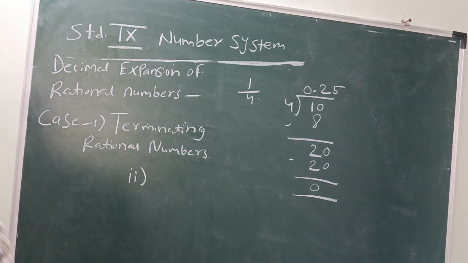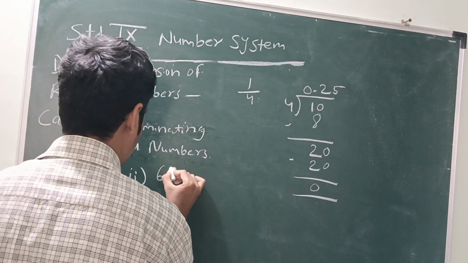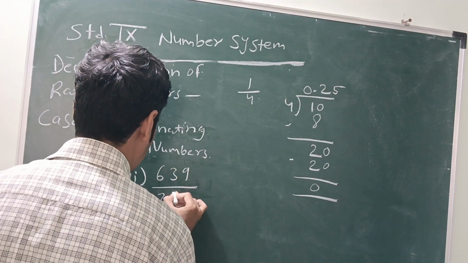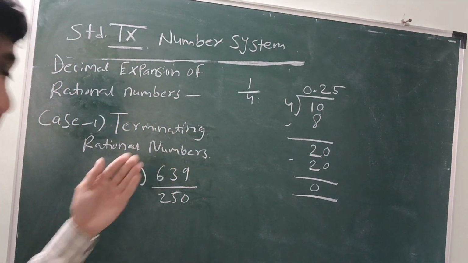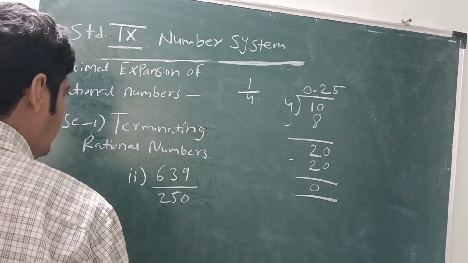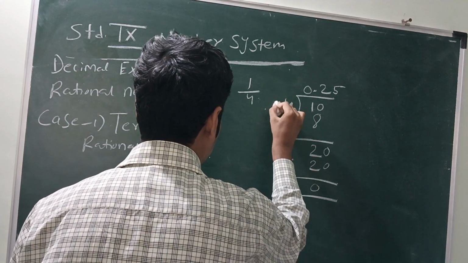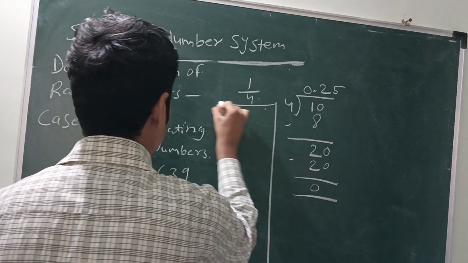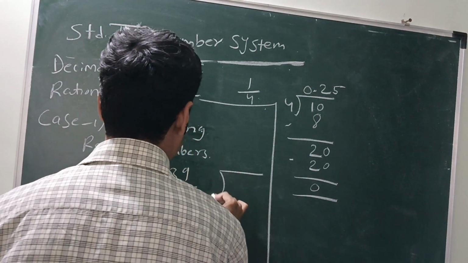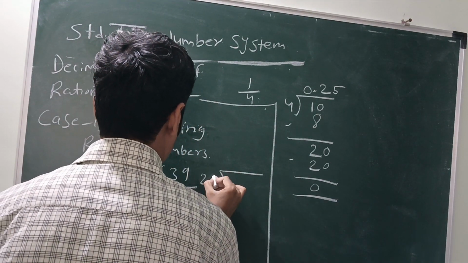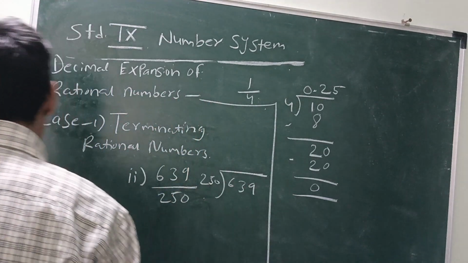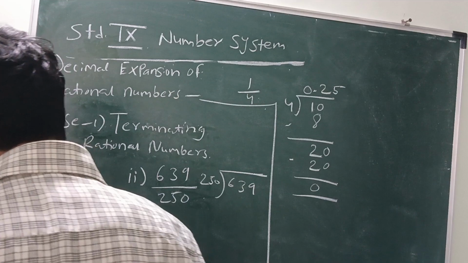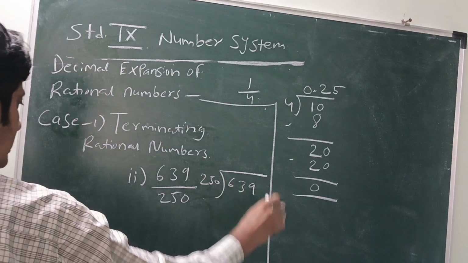Example number 2 is 639/250. So we have to divide 639 by 250. What we have to do? Now in the table of 250, which is the number less than 639?